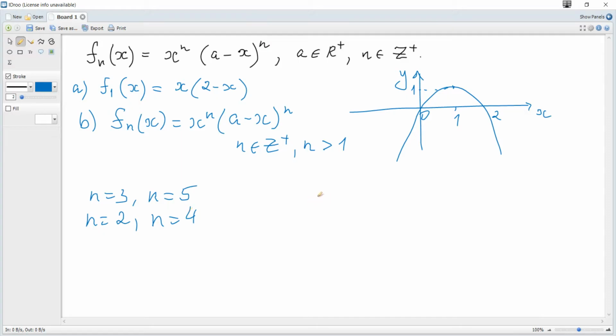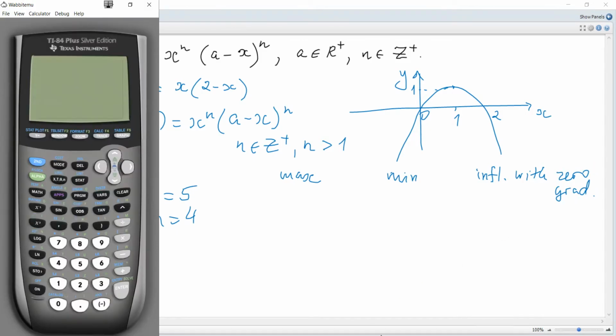So we need a number of local maximum points, number of local minimum points, and number of points of inflection with 0 gradient. So use a calculator.